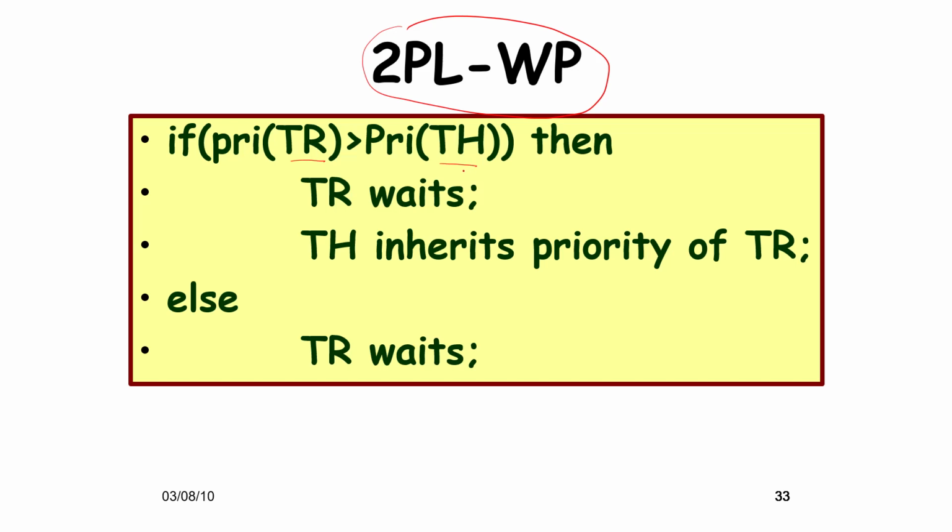Then what happens is that TR waits, but there is priority inheritance, in the sense the priority of the task TH is increased to that of task TR. In this case, there is priority inversion, right? So the priority of TR is more than the priority of TH. So this is basically 2PL with priority inheritance, two phase locking with priority inheritance.